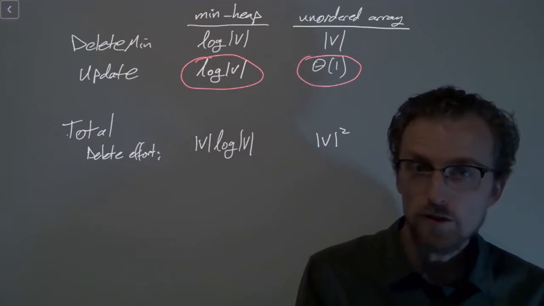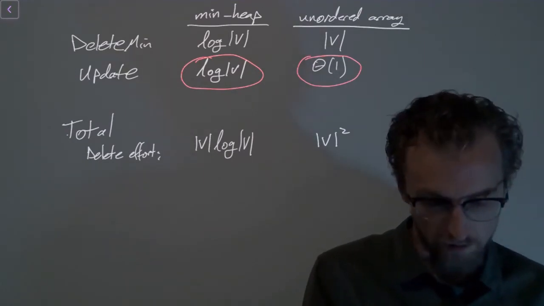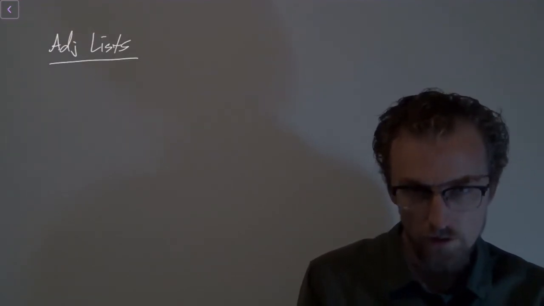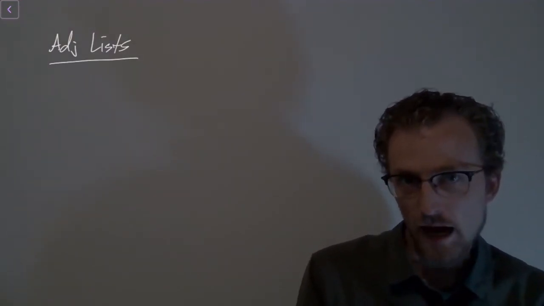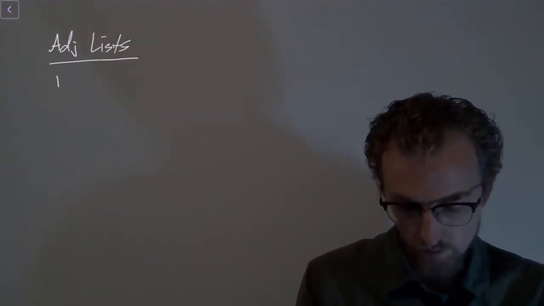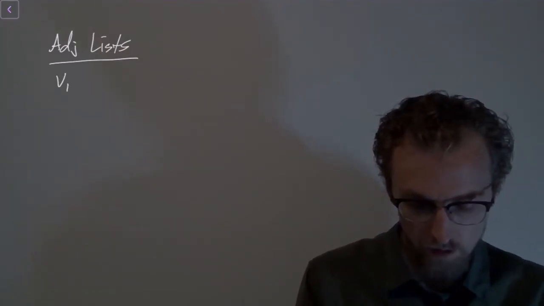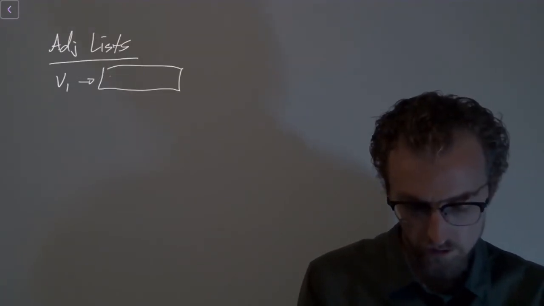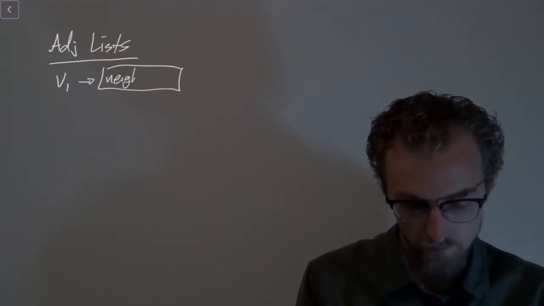Let me remind you of the two different ways we could represent our graph. We could represent our graph as adjacency lists. Recall how adjacency lists work: we write down a list or an array of some kind, some linear data structure, for each vertex. So we've got v1, and then a list of the vertices that v1 is connected to, the neighbors of v1.